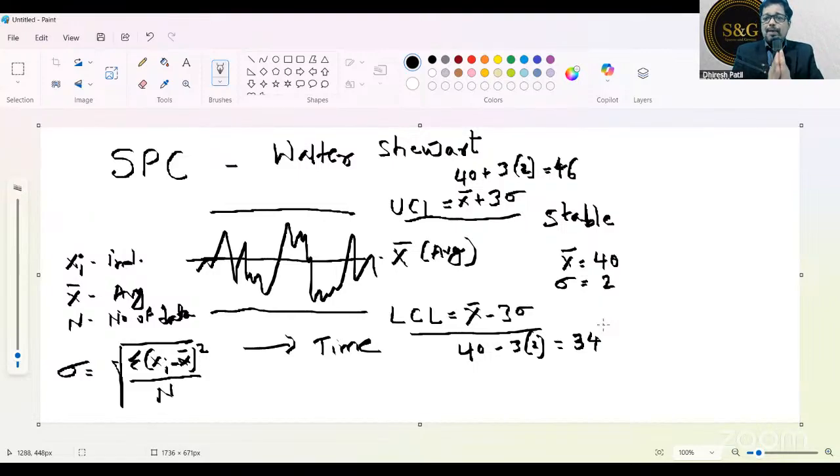At +3 and -3 standard deviation, alpha errors and beta errors balance out very well. That's what the research of Walter Shewhart found. That's why he specifically said that x bar +3 standard deviation and x bar -3 standard deviation, we should keep as our control limits.